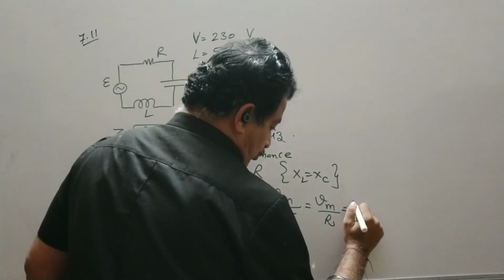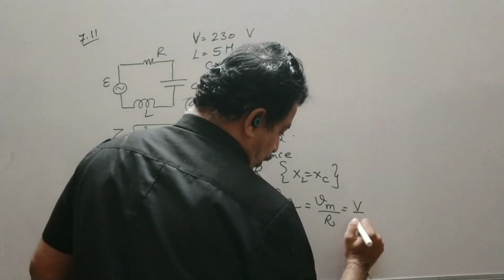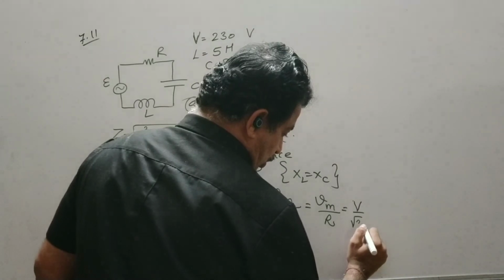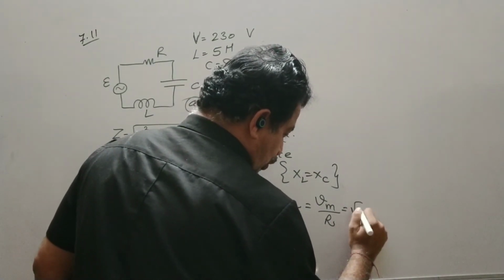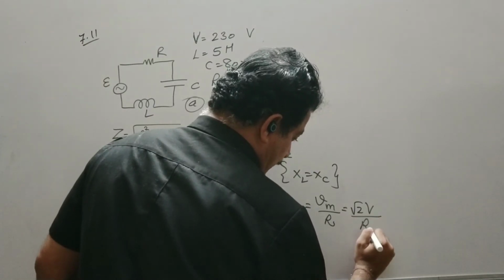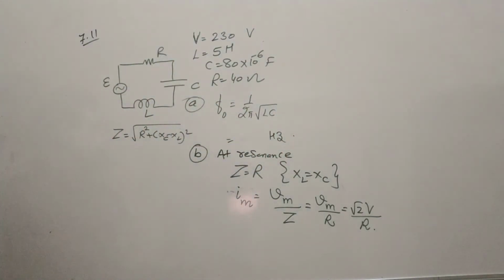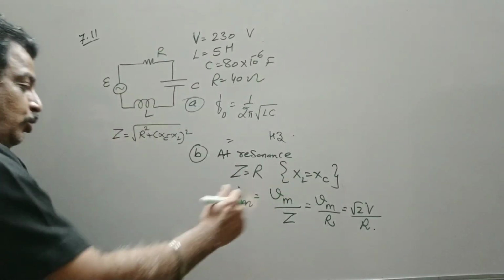So Vm can be written as root 2 times V upon R. You substitute all these values and find out the peak value of the current in the circuit, that is the maximum current: root 2 times the RMS upon R.